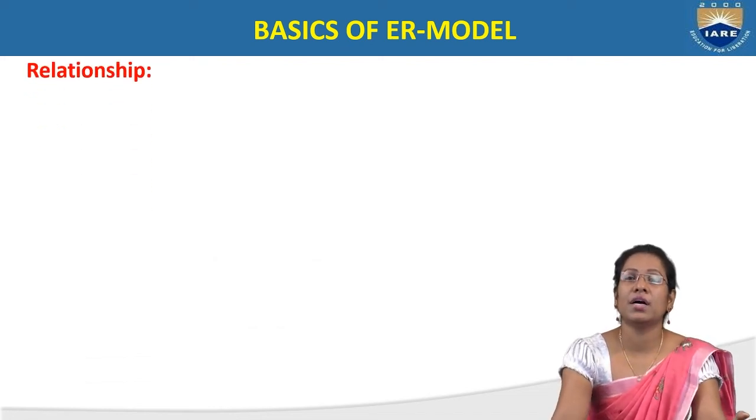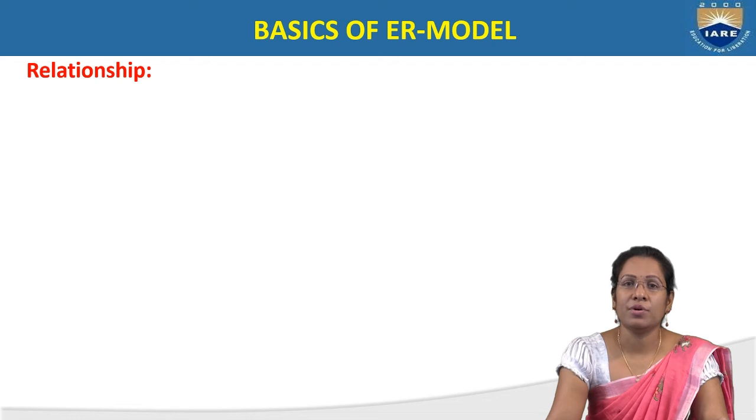Now next one, the third component which we require to design the ER model is the relationship. So what is a relationship? What will happen if we don't use a relationship? Up to now we know what is an entity, what is an attribute, and what is an entity set. We have just categorized entities and attributes.